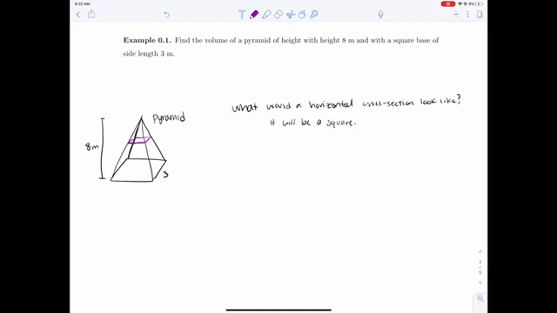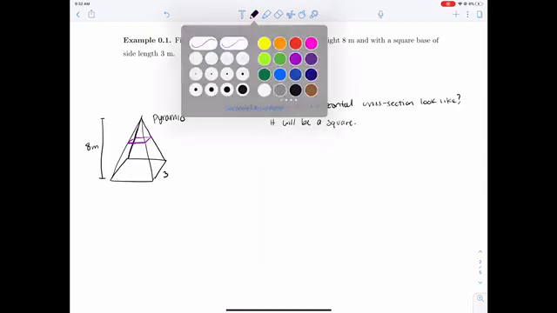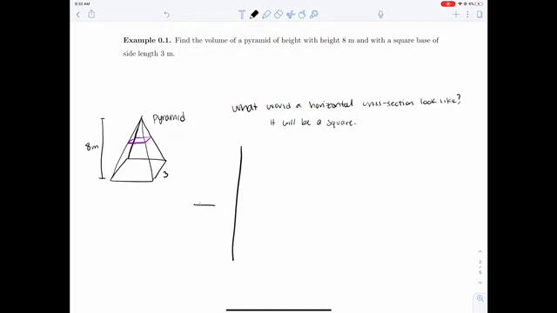Let's embed this into the plane. So we're just going to project it onto the plane. Now it looks like a triangle.